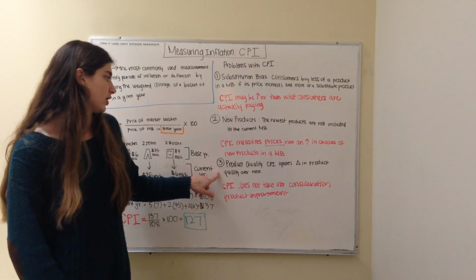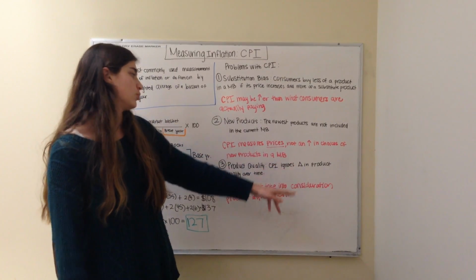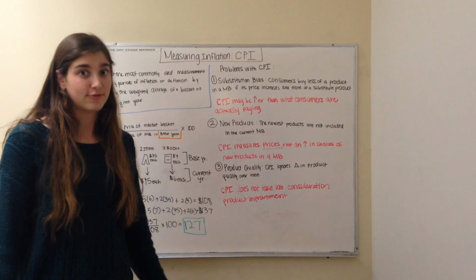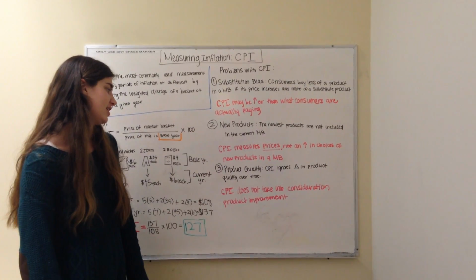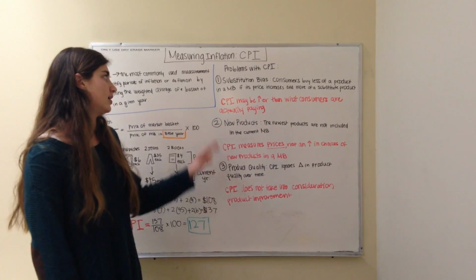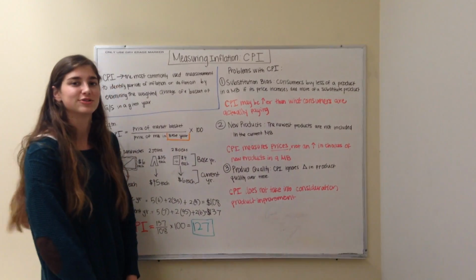The last one is product quality, meaning CPI ignores changes in product quality over time. And as we know, quality evolves every day. The CPI does not take into consideration product improvement. So there are 3 main biases, but that is overall how you measure CPI.